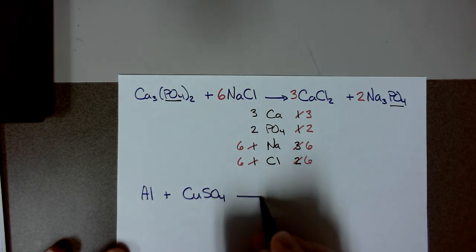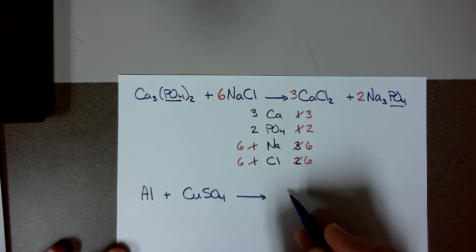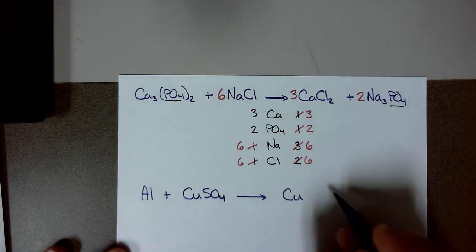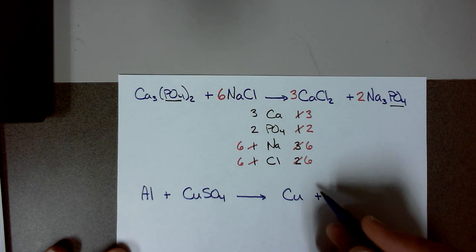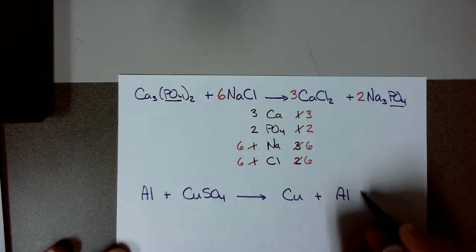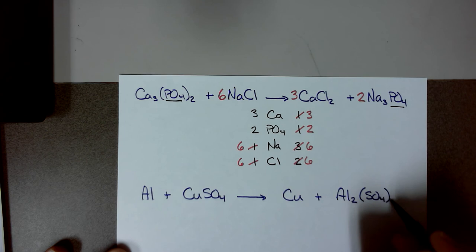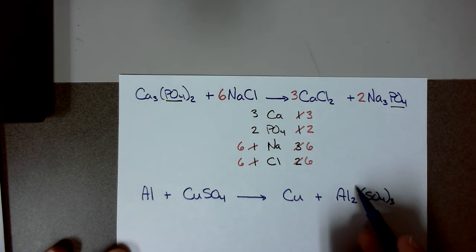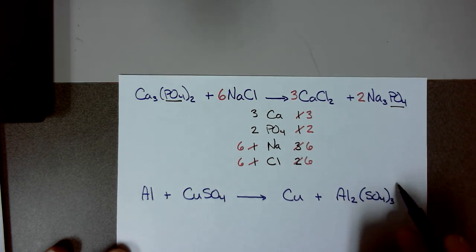This reacts to produce copper plus aluminum sulfate. Now aluminum is a 3 plus and sulfate's a 2 minus, so I need 2 of these and I need 3 of these. Remember, 3 plus goes down here and the 2 minus goes there.